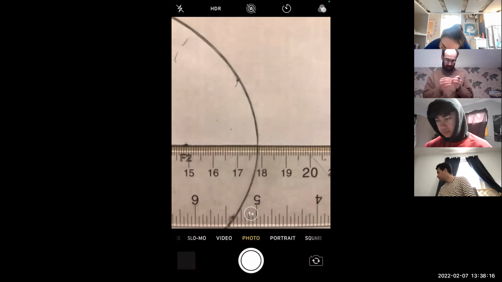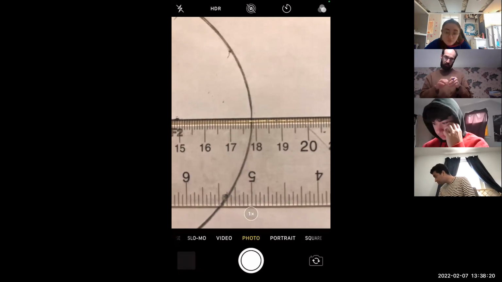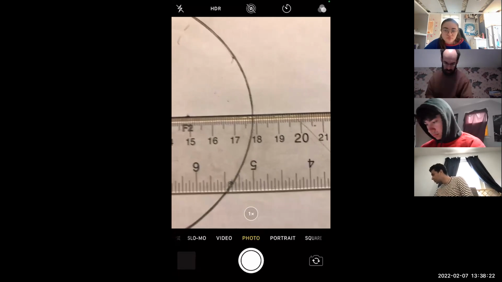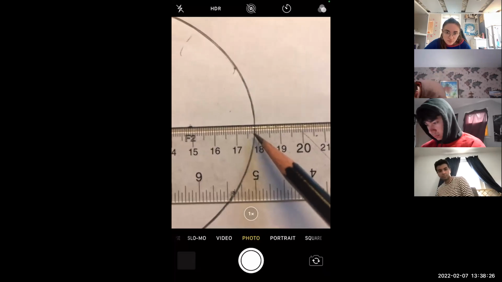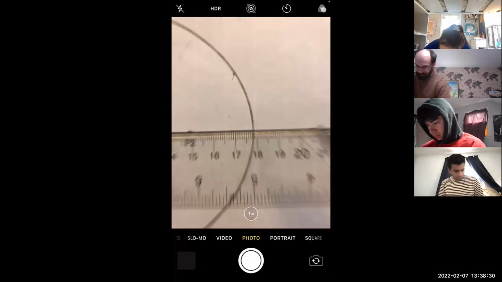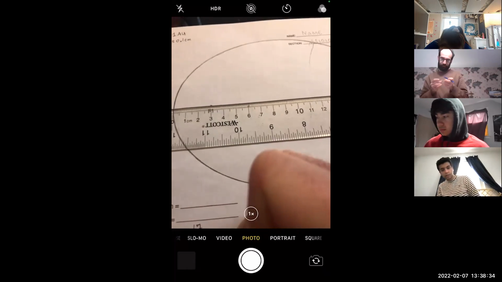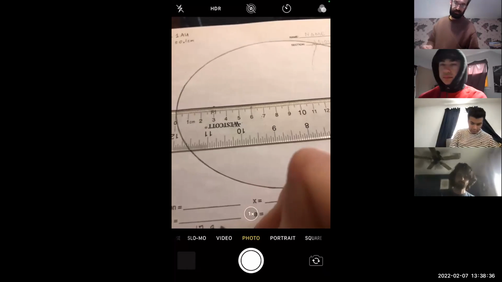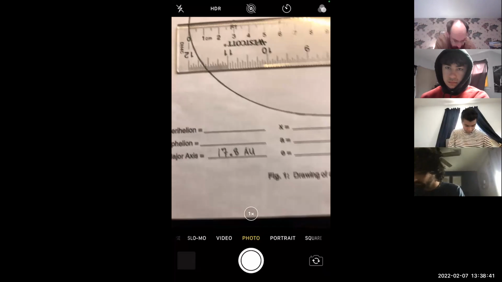I'm going to take my measurement. You'll notice it's at the 17.8 tick mark, right? This is 17.5, 17.8. The line is clearly stopping before 17.9. So down here for my major axis, I'm going to write 17.8. Since it's a model of a planetary orbit, I'm going to say AU, not centimeters.